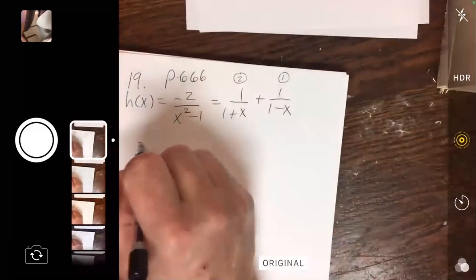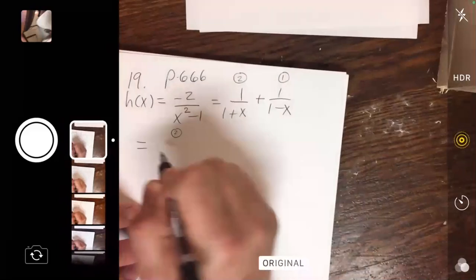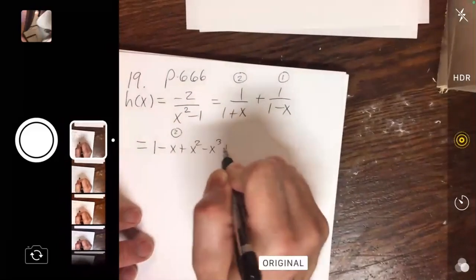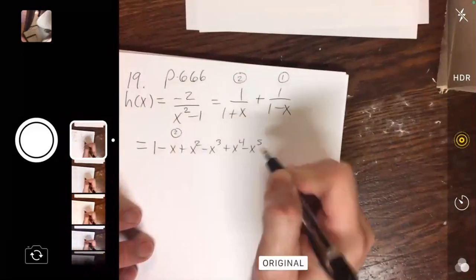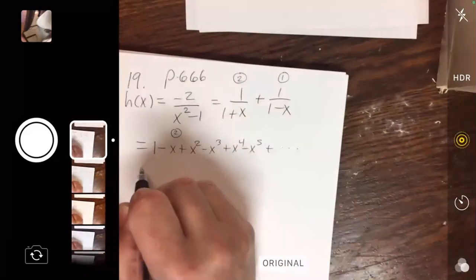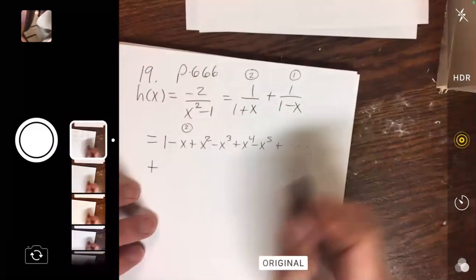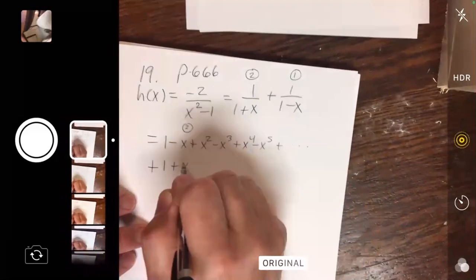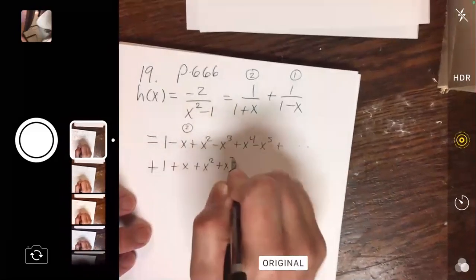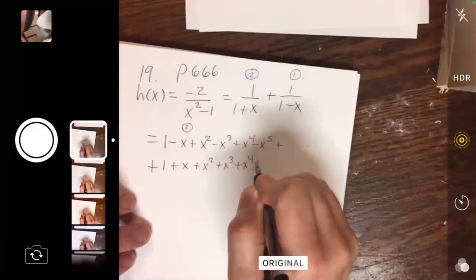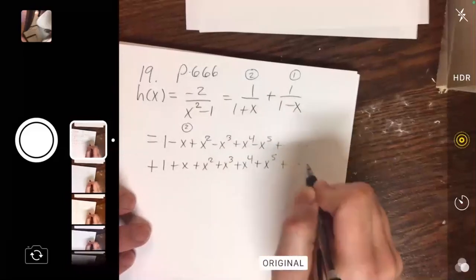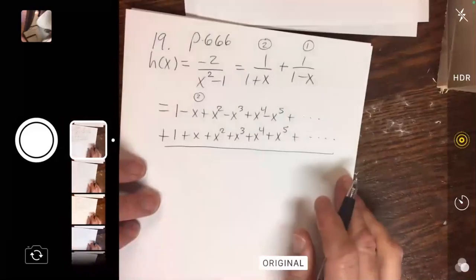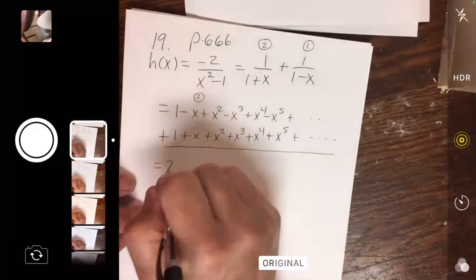So formula 2 there, signs alternated. And I'm just going to add right below it, because I'm out of room on the line anyway. This had all the signs positive. By writing them over each other, you can see the like terms. So when I add these up, 1 plus 1 is 2.